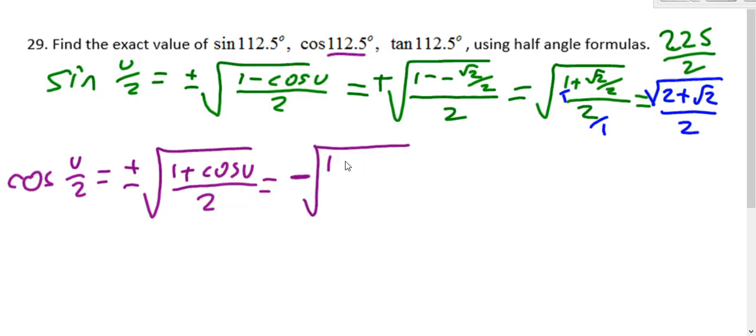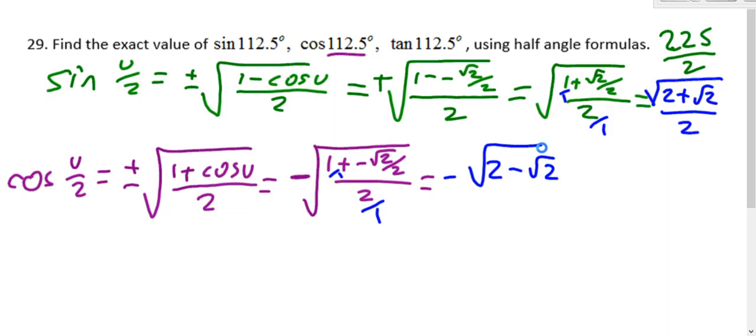And that'd be 1 plus cosine of 225, still negative square root of 2 over 2, all over 2. Clear out the fraction, so multiply everything by 2, so that's 2 minus square root of 2 over the square root of 4, which is just 2.